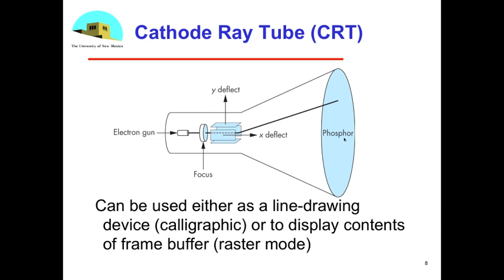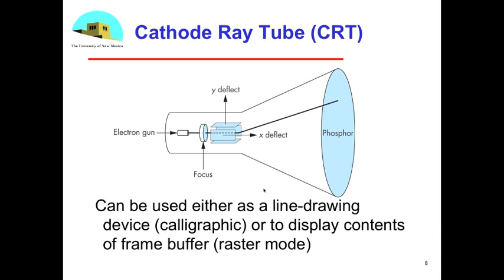We control that by having some sort of electron gun which produces electrons. It's like a big vacuum tube, and we have some way of deflecting the beam by applying voltages to plates in the X and the Y direction. So we focus the beam. Our control of where the beam goes is by setting the voltages in the X and Y direction, and then we can move that beam around.